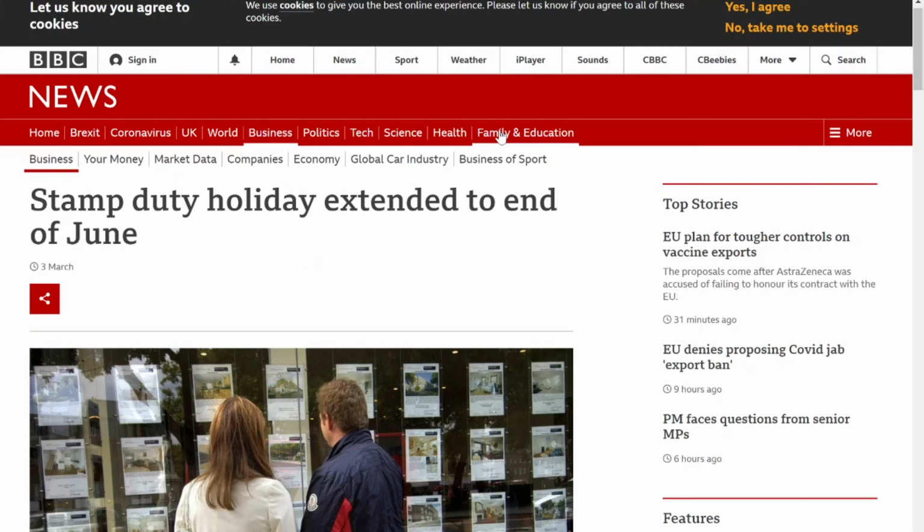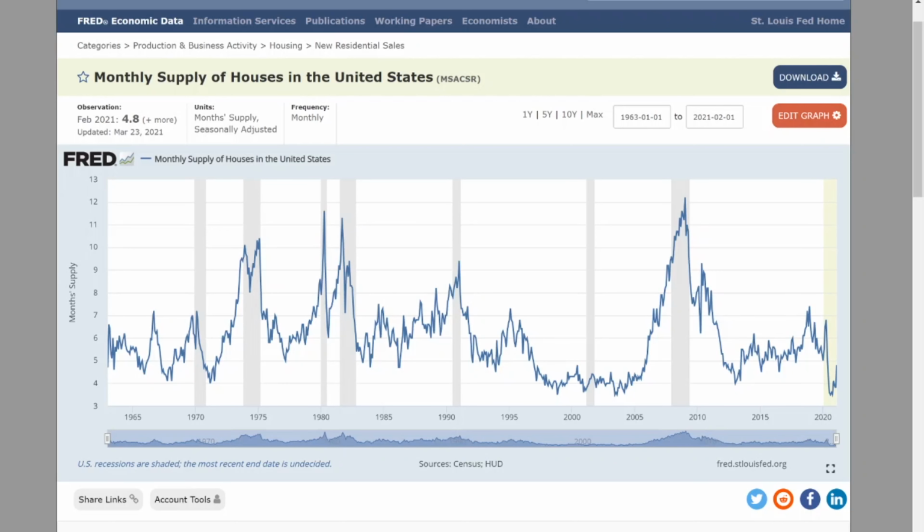Now, the housing market, why have I brought you onto the housing market? Because fewer homes are on the market for sale. So there is less inventory all over the United States and Europe. Especially now in Europe, where some countries are in lockdown, so there will be far fewer.